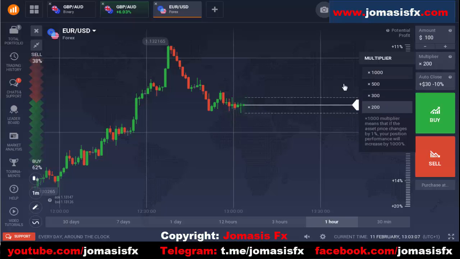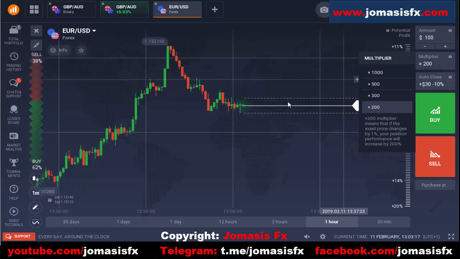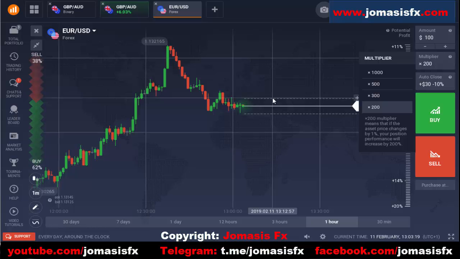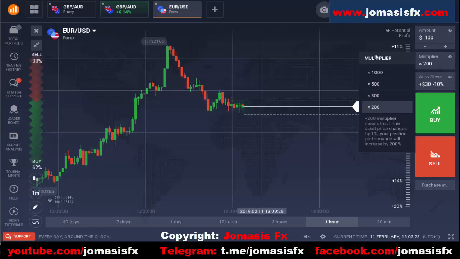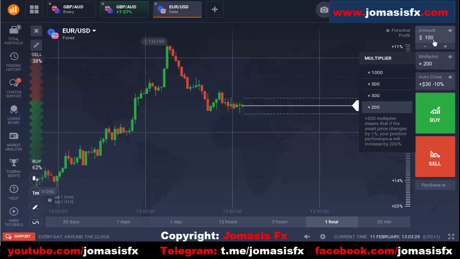If you leverage $100 at a multiplier of 1,000, then you'll be making money very, very fast if the trend is going in your favor. Within a few minutes, even within 1 minute, you can make up to $100 again, even more than that. That is, you leverage much. Then the same thing, you also lose money if the trend is going against you.